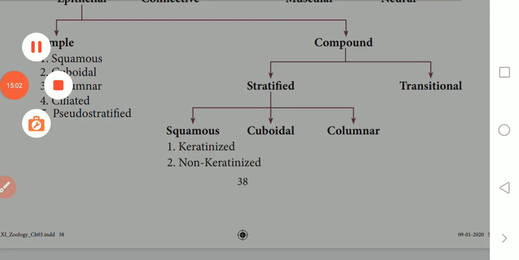Multicellular glands are divided into three groups: based on structure, they are simple or compound; based on secretory units, they are tubular, alveolar (acinar) and tubulo-alveolar; and based on the mode of secretion, they are merocrine, holocrine and apocrine. These are the multicellular exocrine glands.